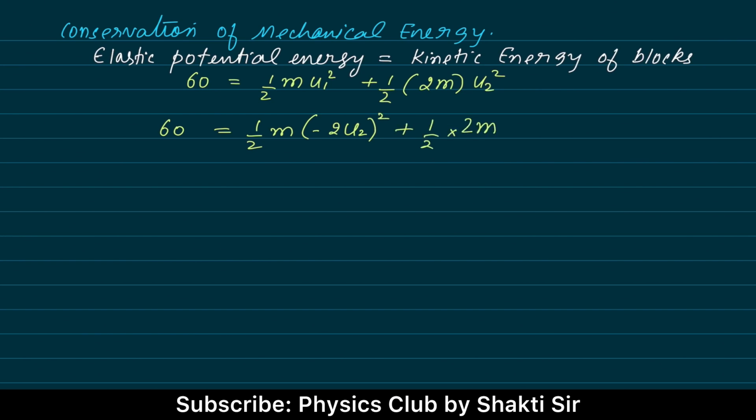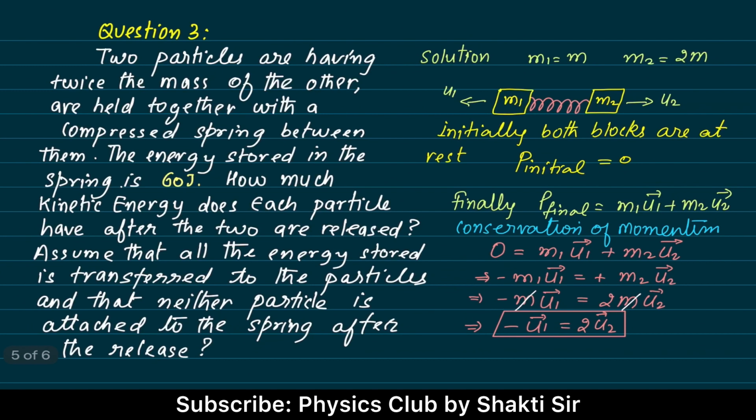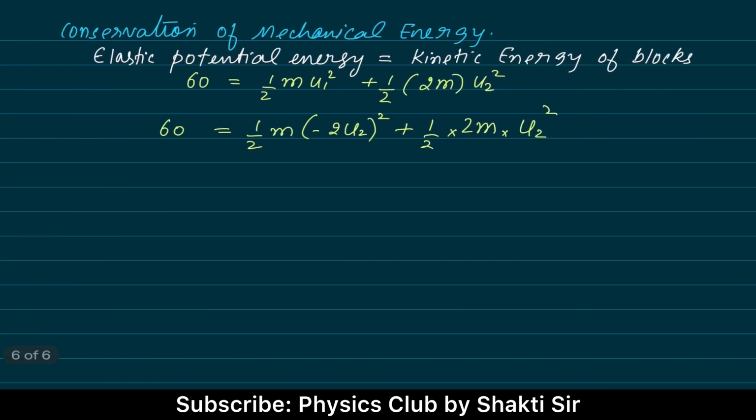So 60 is equal to, let's take some common value, 1 by 2. We can take mass also common, 2m u2 square. If we take this common, you will get here 2 plus 1.